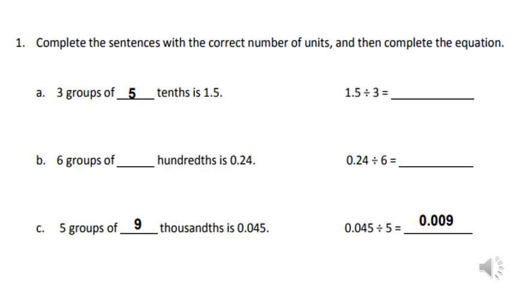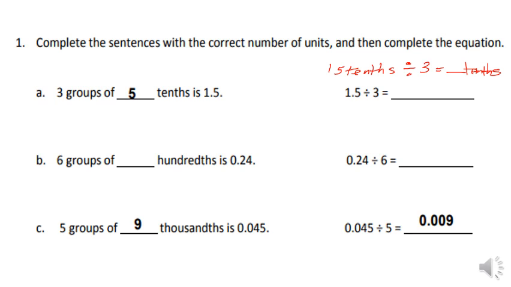You can see in number 1 it says 3 groups of 5/10 equals 1 5/10. What I like to do over here first is look at the problem. It says 1 5/10, which I would change to 15/10 divided by 3, and that's going to equal some tenths.